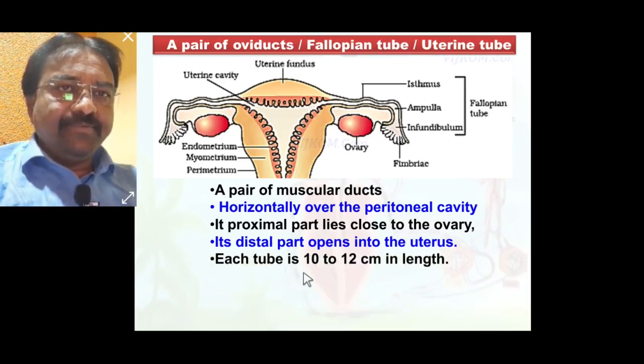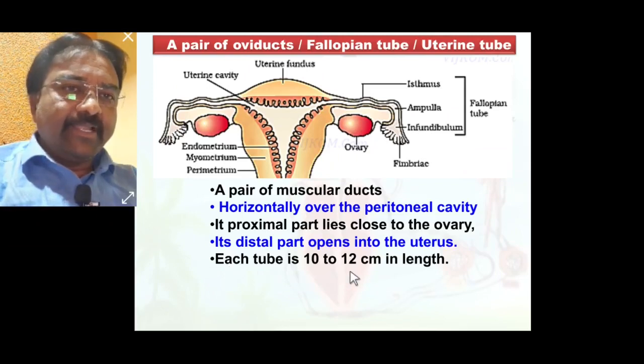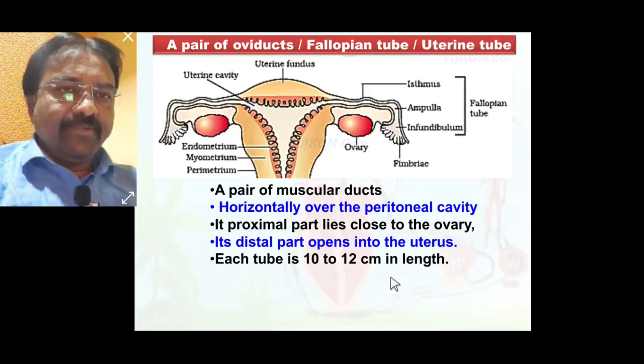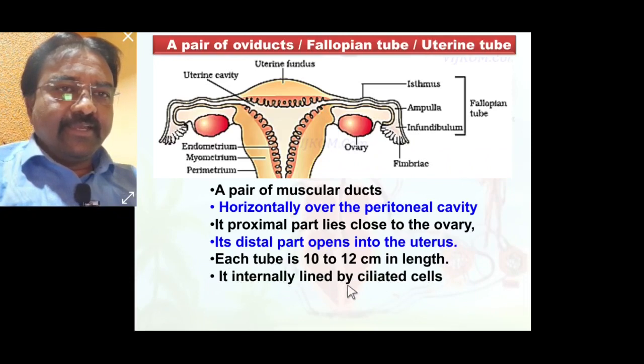Each tube, the oviduct or fallopian tube, is about 10 to 12 centimeters in length. It is internally lined by ciliated cells, which perform a special function.